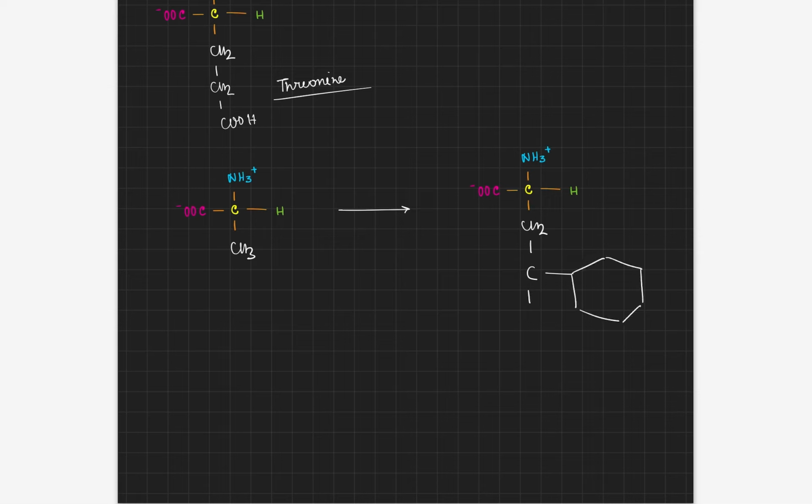This is a tricky one because this amino acid you can't remember with any formulas. I didn't find any formulas for this, but if you can remember, this is actually tryptophan. This amino acid has a different formula. I tried to search for any idea for remembering this one, but I didn't get anything. So this is tryptophan.